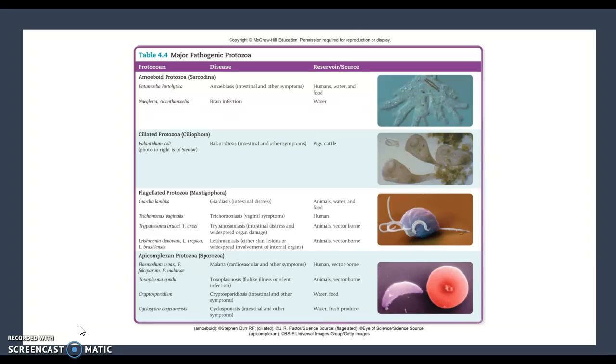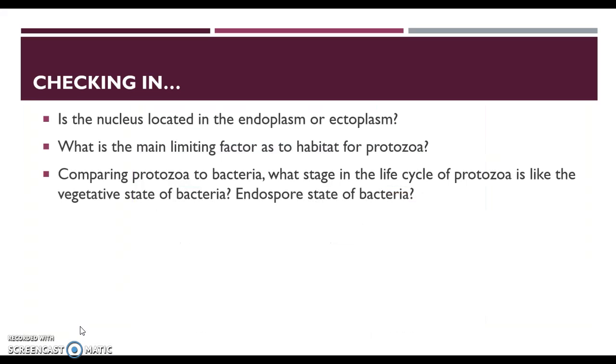We typically have some cases of this in Idaho, especially at the local swimming pools during the summer. There are also the ciliated protozoa, flagellated protozoa, and the sporozoa, which we'll talk about. This is an image from your book that you can refer to as well.